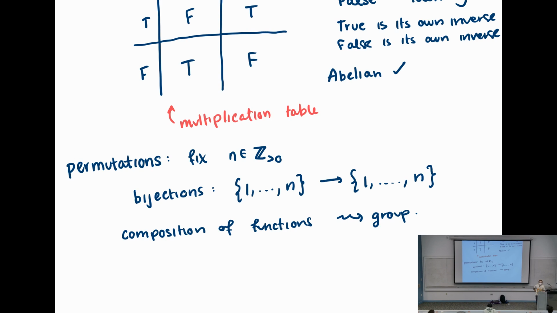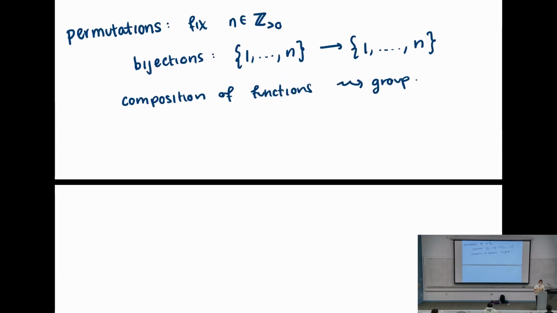Would it help to do an example? So n equals 2 is maybe a little bit too trivial. So let's look at the case when n is equal to 3. Let's list all of the bijections from 1, 2, 3 to 1, 2, 3. I just need to send each element on the left to a distinct element on the right.